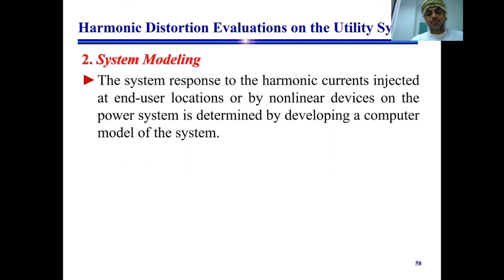Okay, the second thing that we need to do is system modeling, again to see the different harmonics that may be injected in the system, and to plot the system impedance against the frequency. All those should also be done.